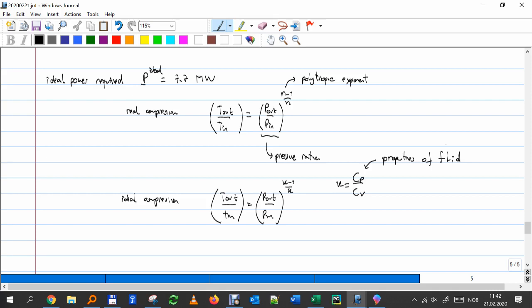An empirical expression to estimate K is 1.3 minus 0.31 times the specific gravity of the gas minus 0.5. So just use that expression to see, from this equation, how much is the ideal temperature, the isentropic discharge temperature.